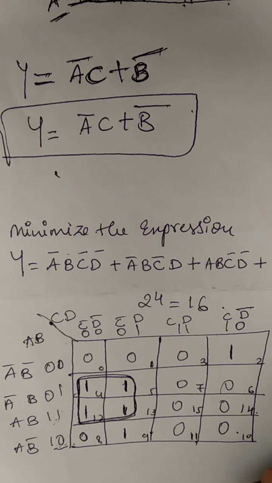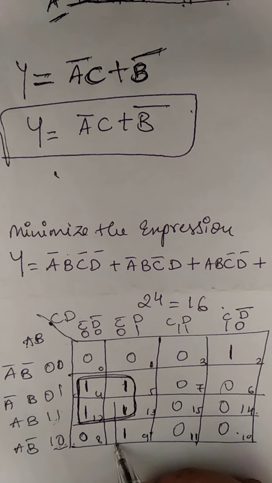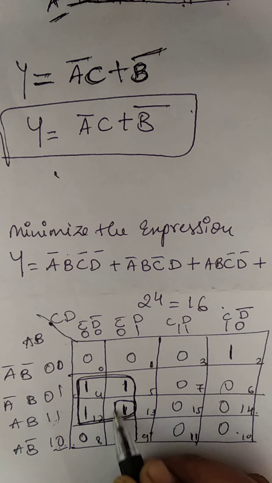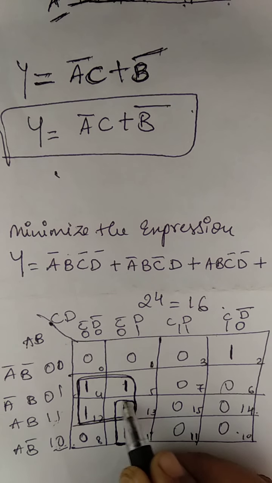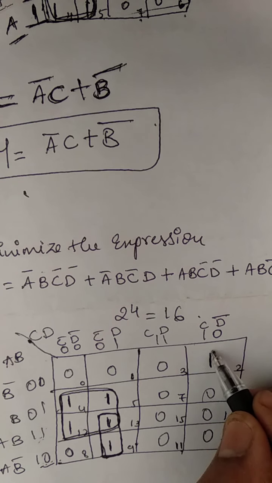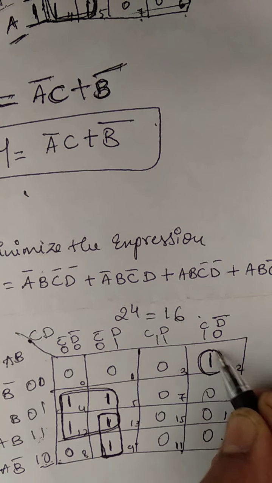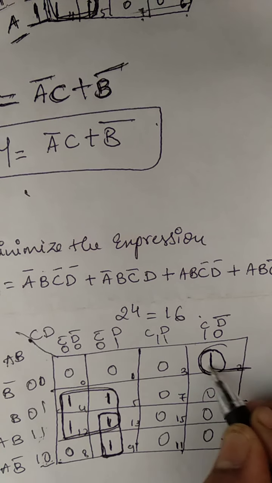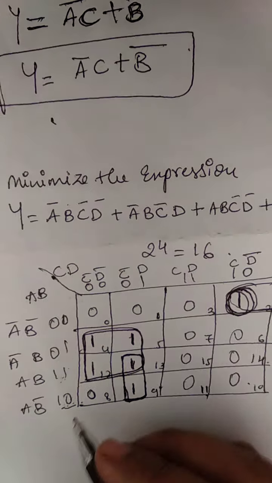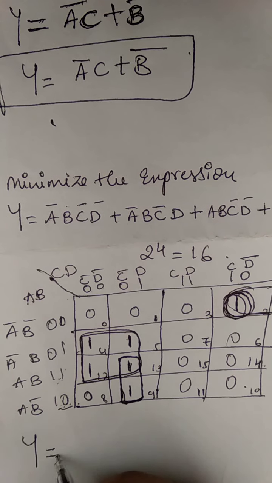Next is what? Any one is there beside this given expression, then do the group. Then this is a single group. You can take like this also or like this also. So 3 groups, correct.